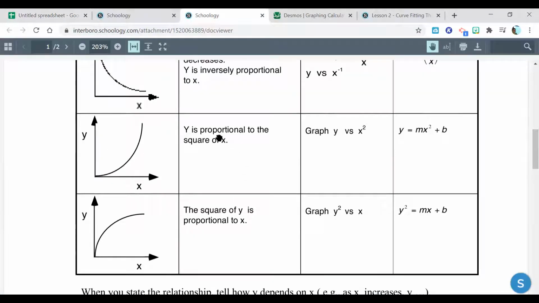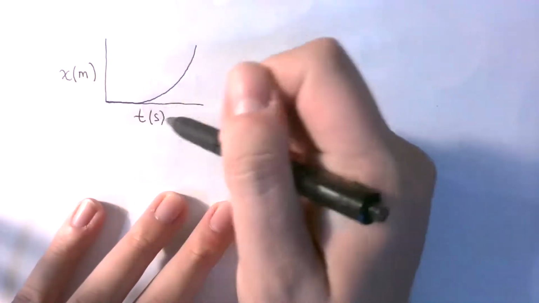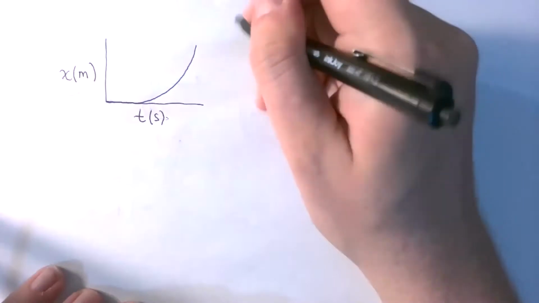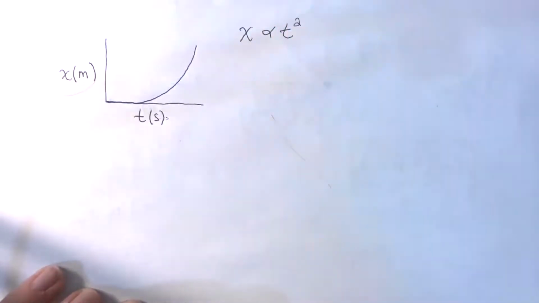So this suggests that y is proportional to the square of x. So I have to make sure to use the variables that I'm using in this example. And so the relationship that I would suggest is that x is proportional to t squared.